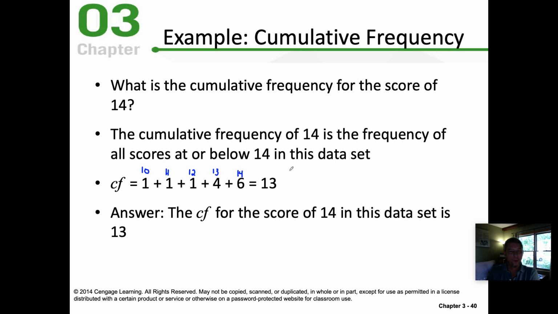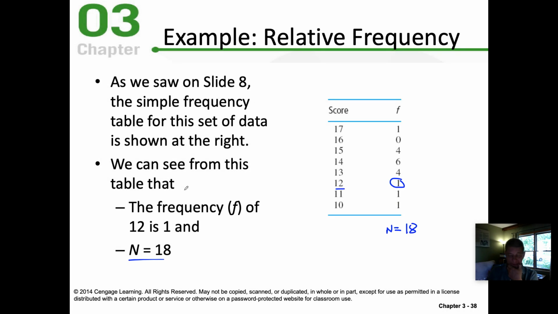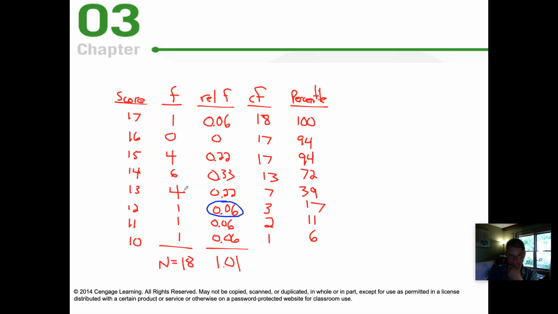We can go back and check that in a second, but if you add them up, 1 plus 1 plus 1 is 3.